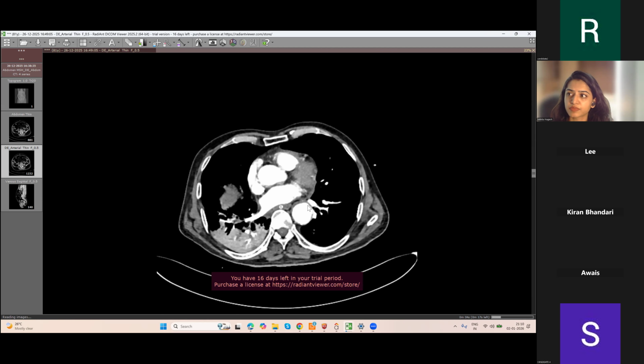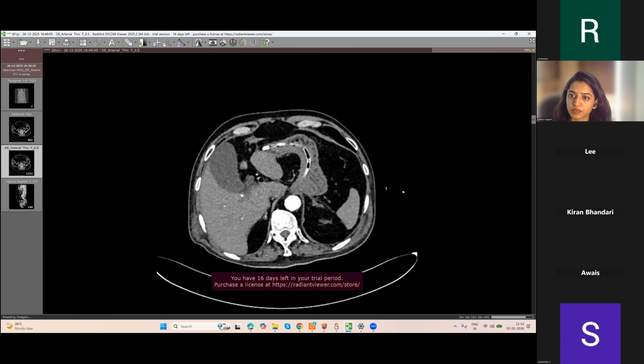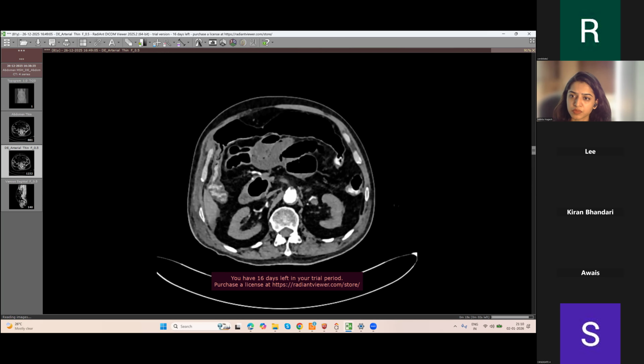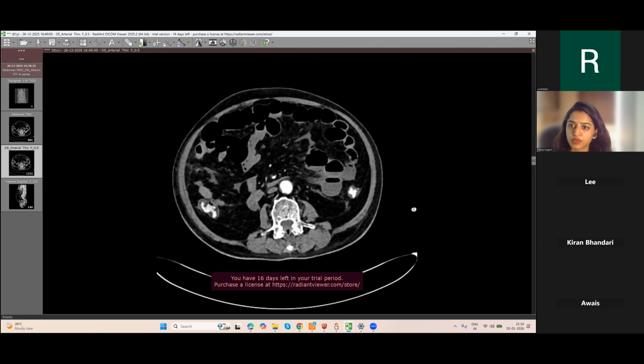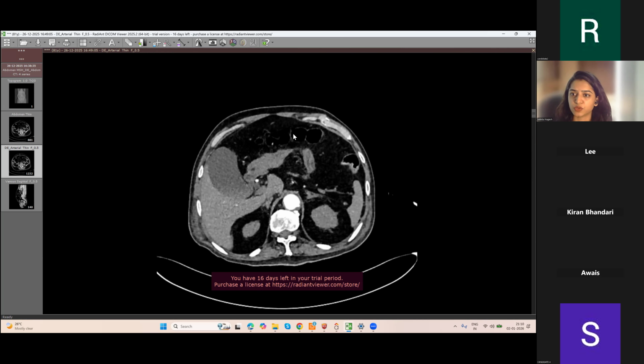So these are arterial phase images of the same patient. I'm trying to see if I can see a thrombus, as I'm suspecting mesenteric ischemia in this patient. Do you want to scroll? You can scroll now, I think. Just use the mouse to scroll.